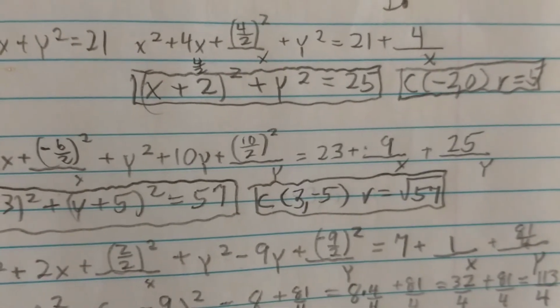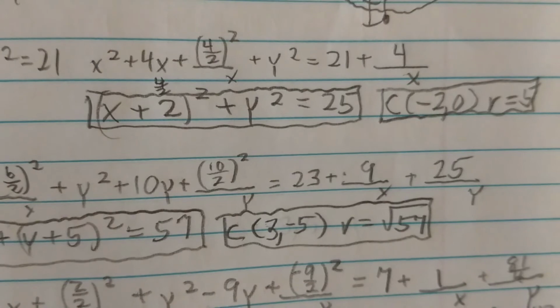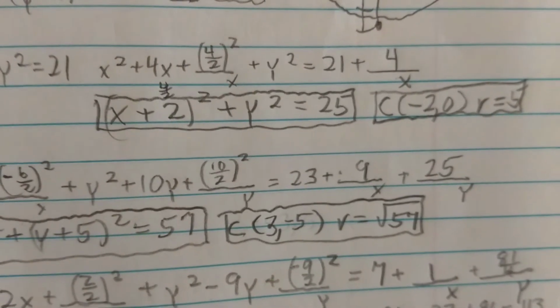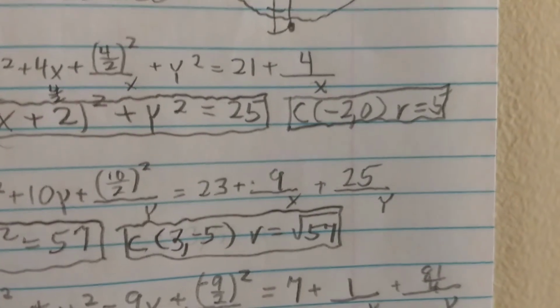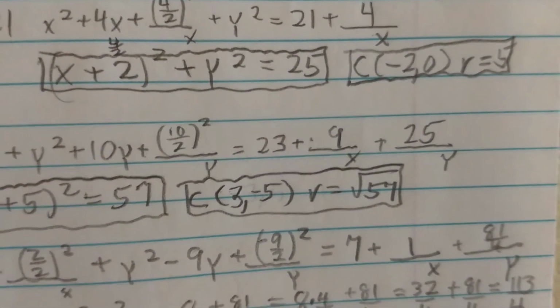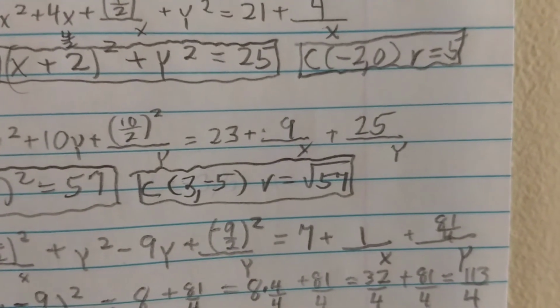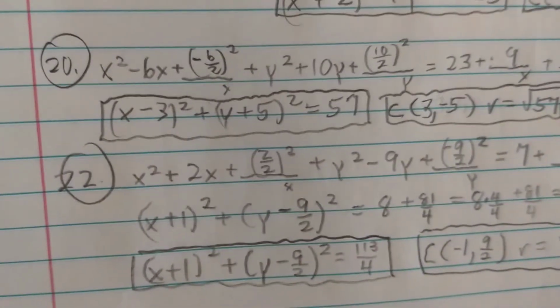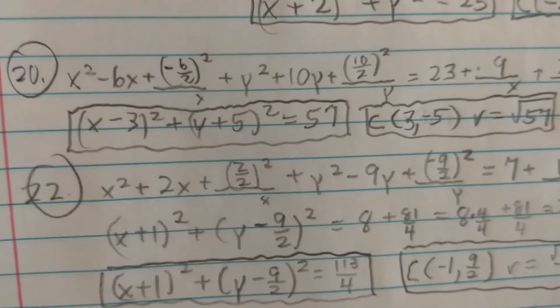So when we put it in squared form, we always take what the blank is, 4 over 2, before we square it, or x plus 2 squared, plus y squared equals 21 plus 4, or 25. And so that allows us to pull off the center as negative 2, 0, and the r has to be 5, since r squared is 25.